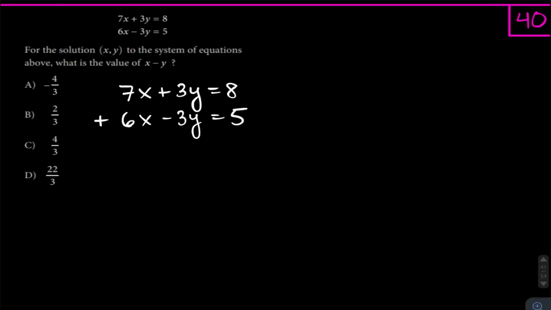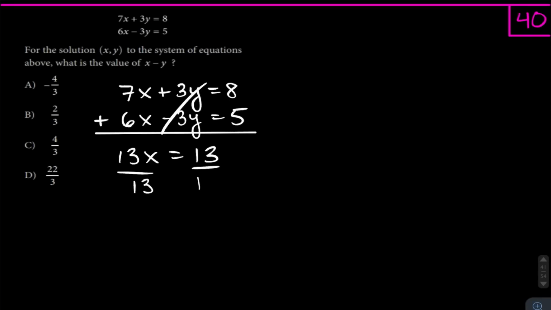So let's add these together. And you can see here that we get, well, 13x. These go away. And we get that this is equal to 13. And then we can just divide by 13 on both sides. Doing that, we get x equals 1. And now we can plug that into one of our equations.